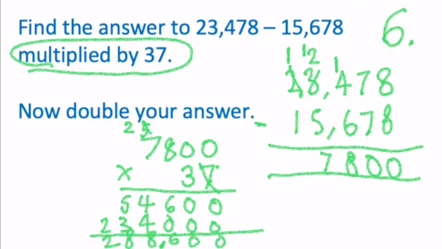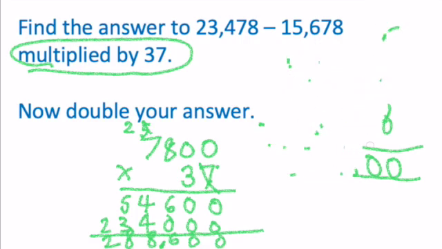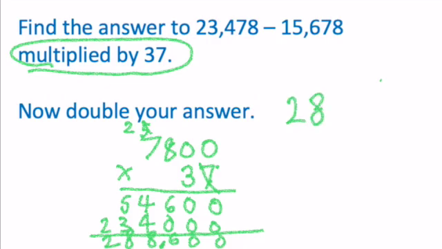Double your answer means times by 2. So we need to take our number here and we need to double the answer. So we need to take 288,600 and we need to times it by 2. Look at that messy 0 up there.